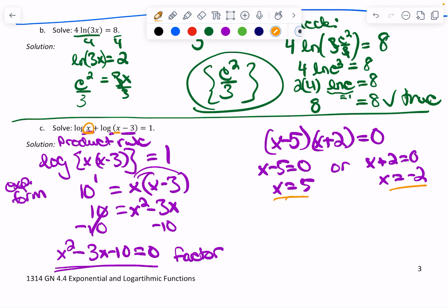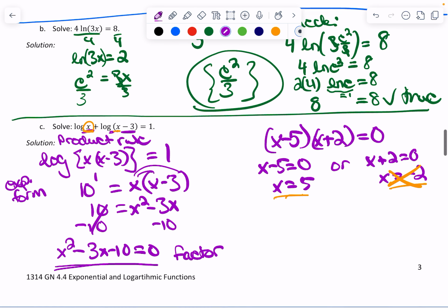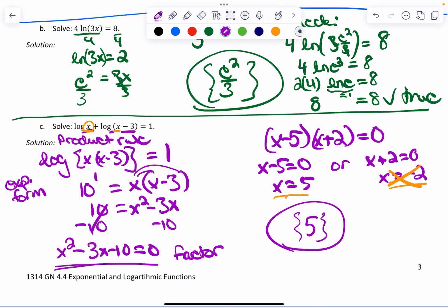So common log of negative 2 is not possible. So we need to cross this one out and say that that is not correct. So we know that our answer is going to be 5. And again, make sure that you check.